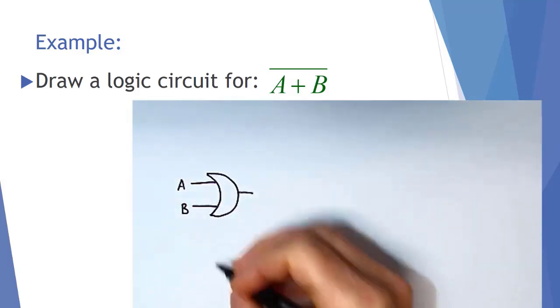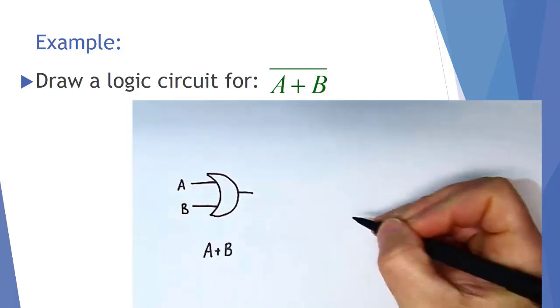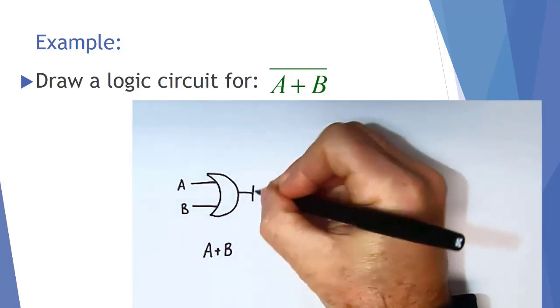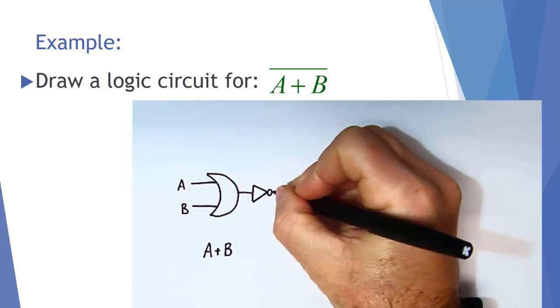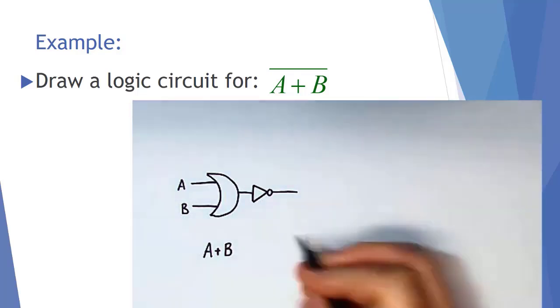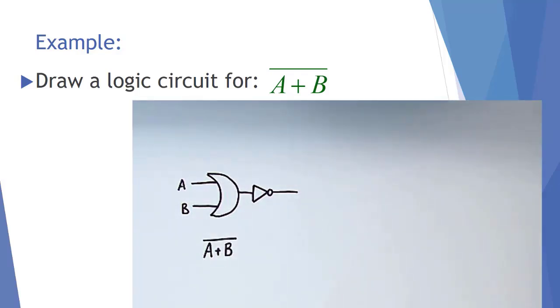Now, what we have right here would represent A or B, but we want the negation of that, and so we should take that output and reverse it with the NOT gate, or with a negation symbol. And by putting that negation on there, now we're reversing the outcome of A or B, and we've drawn our logic circuit. And that's all there is to it.